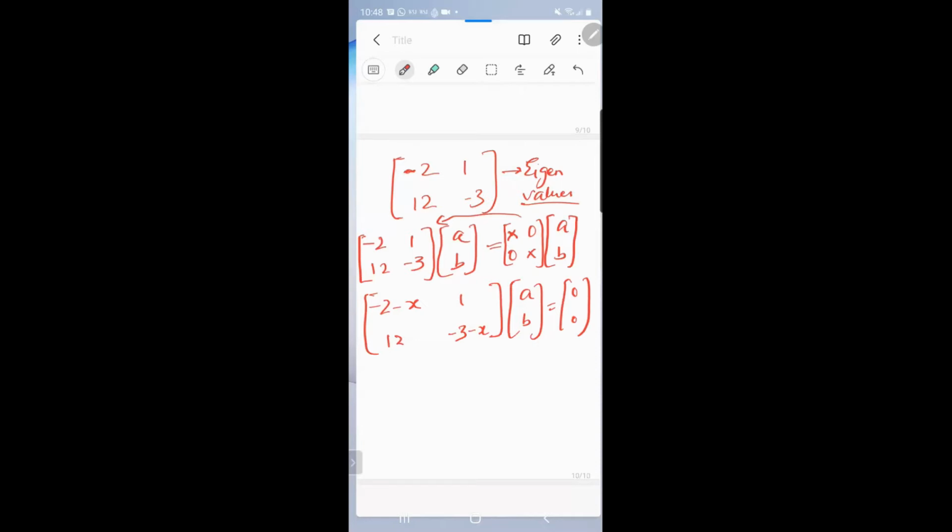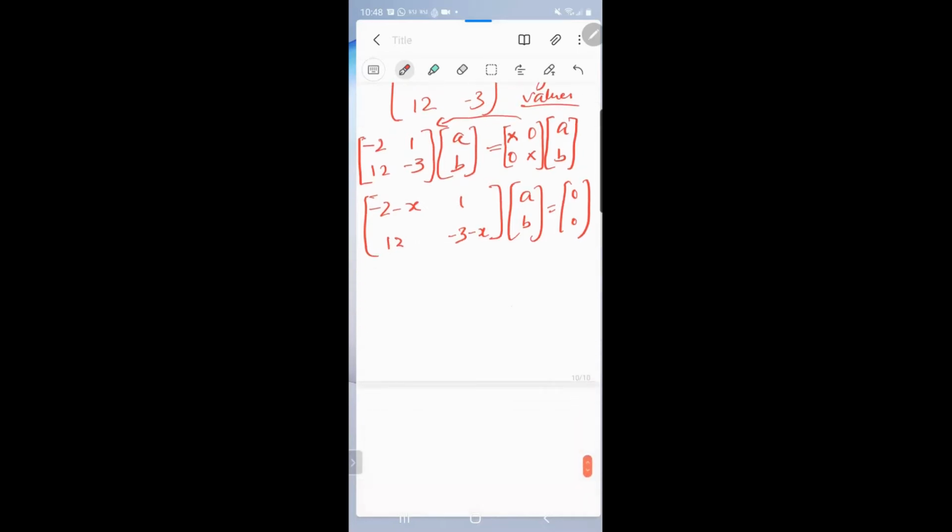So just a few minutes ago, I told you how to calculate the determinant of a matrix. It's multiplying these two and then subtracting the product of these two. So if you multiply minus 2 minus x times minus 3 minus x and subtract 12 times 1, can you simplify and solve this equation?